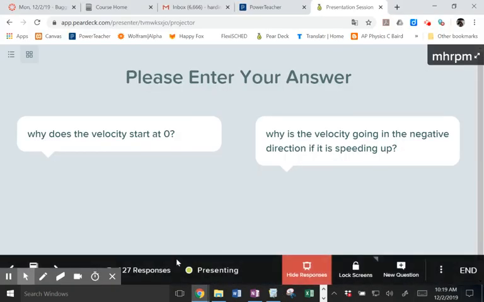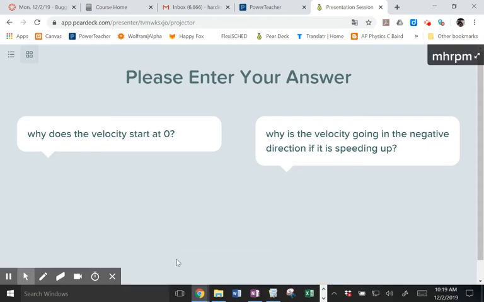Why is the velocity going in the negative direction if it is speeding up? Run that by your neighbor really quick. Let's see if you can answer that question for that person.